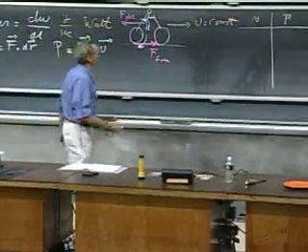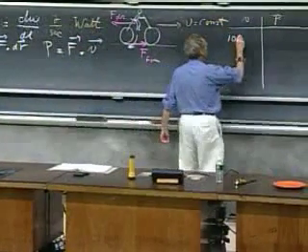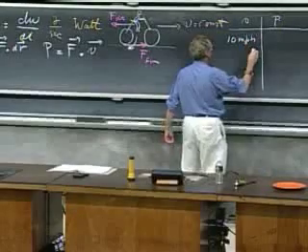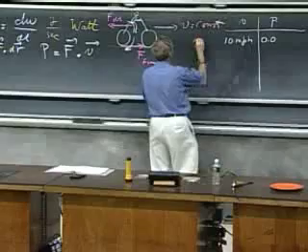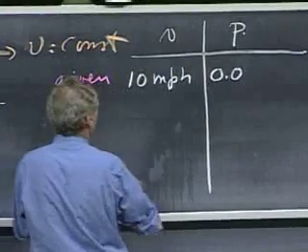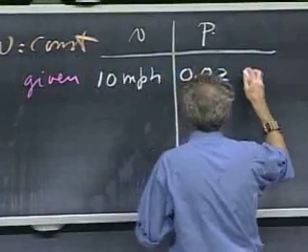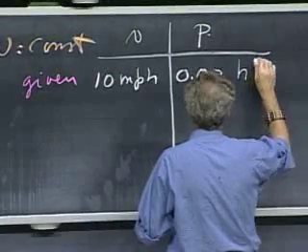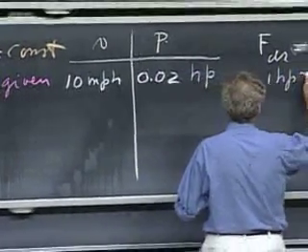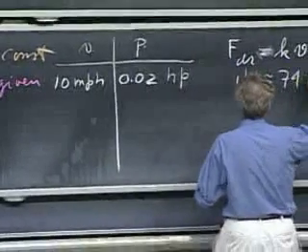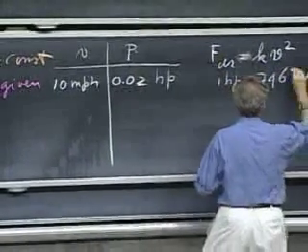Then, if I drive 10 miles per hour, I tell you that the power, this is a given, this is not something that I show you, is about 0.02, 1/50th of a horsepower, and 1 horsepower is some crazy unit, 746 watts.